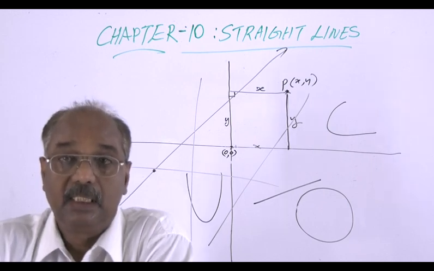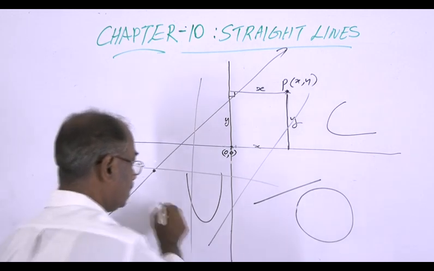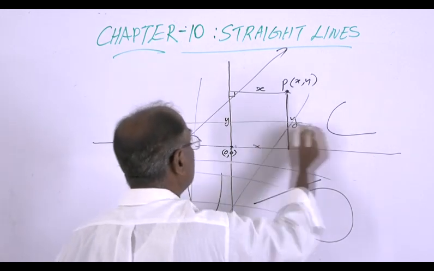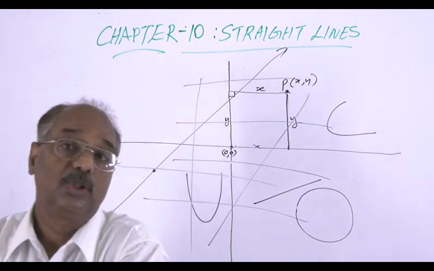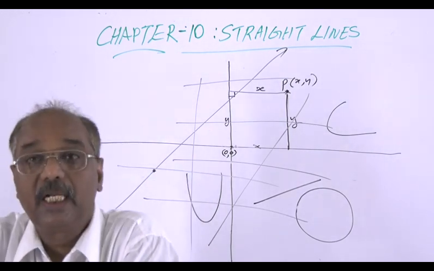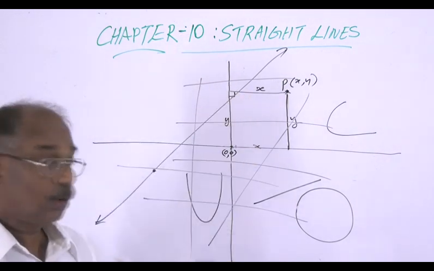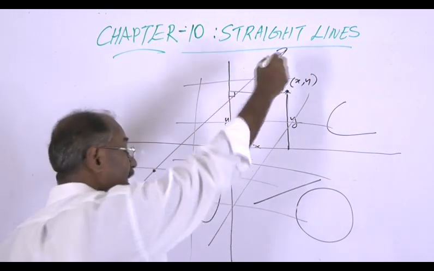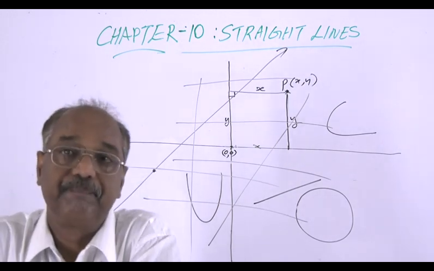Some lines can be horizontal lines. Horizontal means parallel to the x-axis. So this is a horizontal line, this is also horizontal. In that way we can have different horizontal lines, infinitely many horizontal lines. So lines can be horizontal, or vertical, parallel to the y-axis, or inclined like this. Inclined means inclined to the axis.